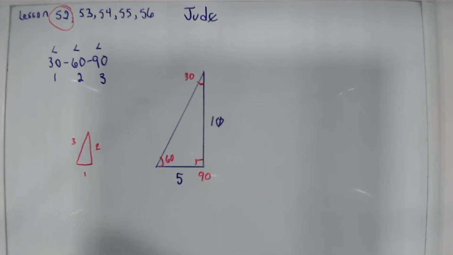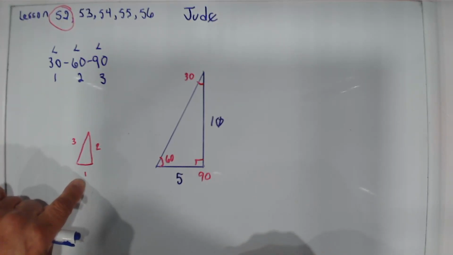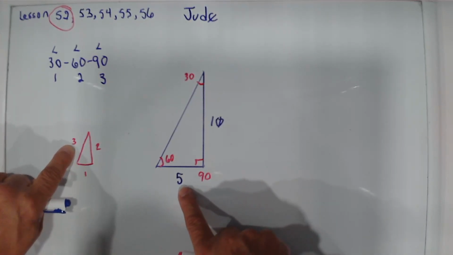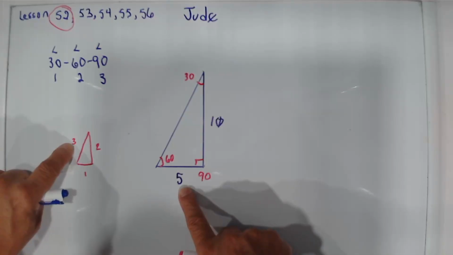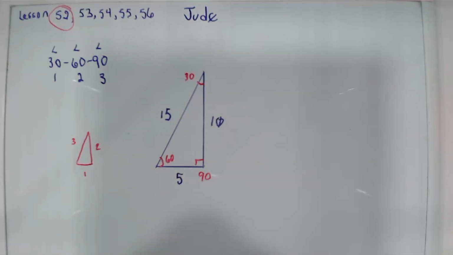Let me see if you can figure it out. Do it in your head. I don't think you need a calculator. Since this is 3 times as big as the short side, this here would be 3 times as big as 5, which would give you 15.